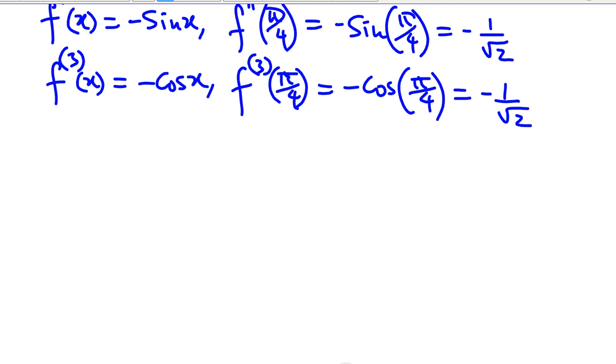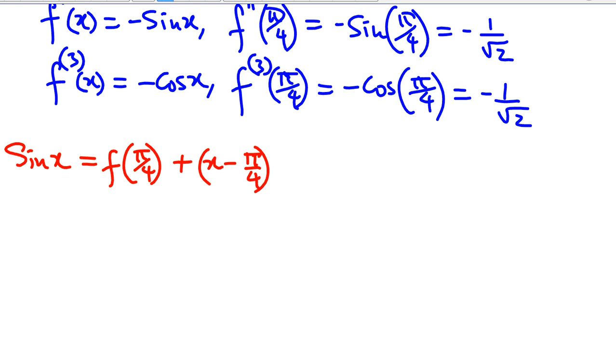So we can say sine x centered at pi over 4 will be equal to f of pi over 4 plus x minus pi over 4 times f dash of pi over 4.